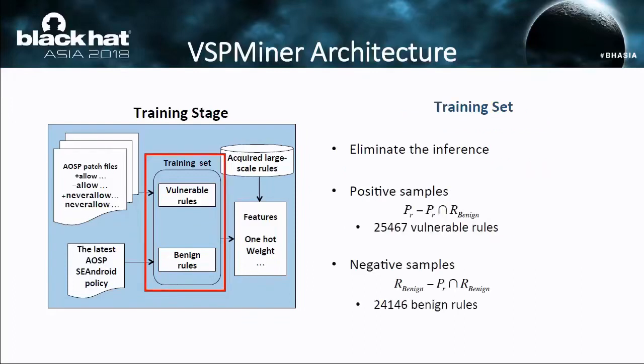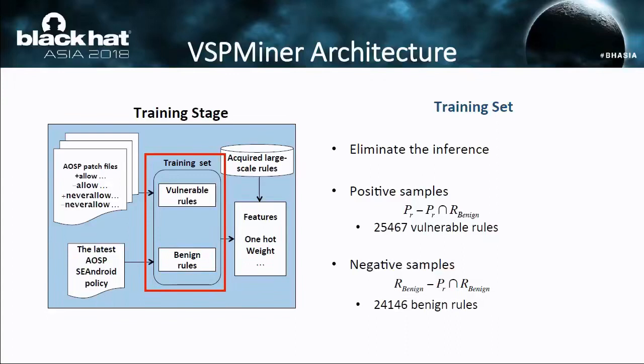After we obtain these two sets, we want to construct the training set. But we also need to eliminate the inference errors during data processing, right? You can see that we have a very long chain of data processing, so maybe we make mistakes, or some logs also make mistakes. So we use an approach to eliminate such inference: we remove the intersection of R_v and R benign from both sets.